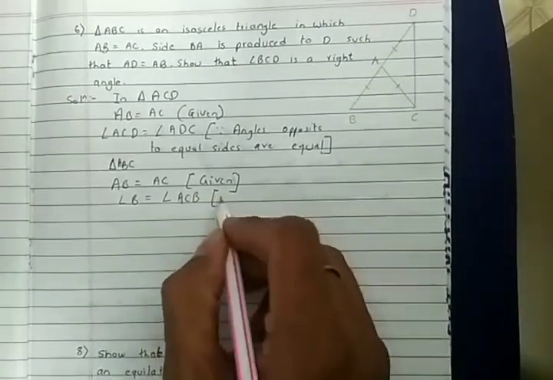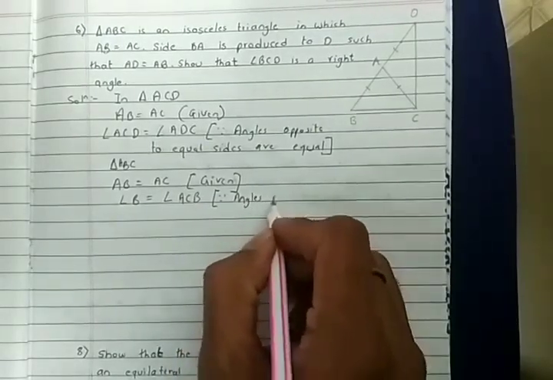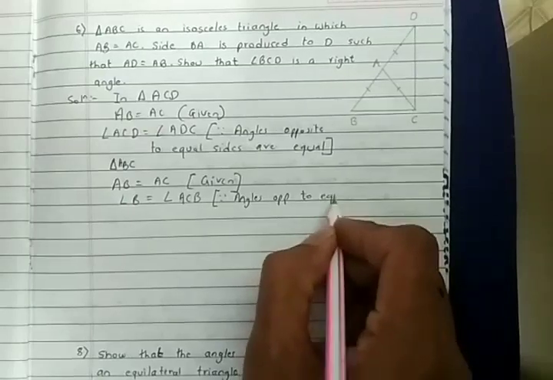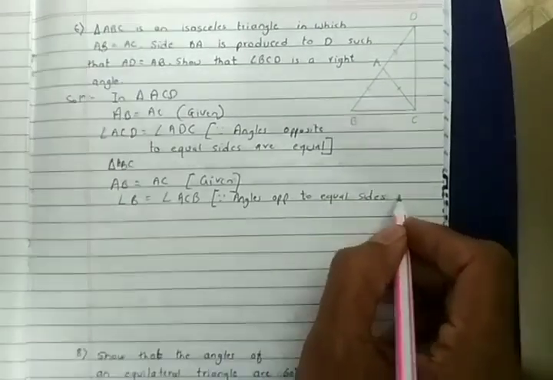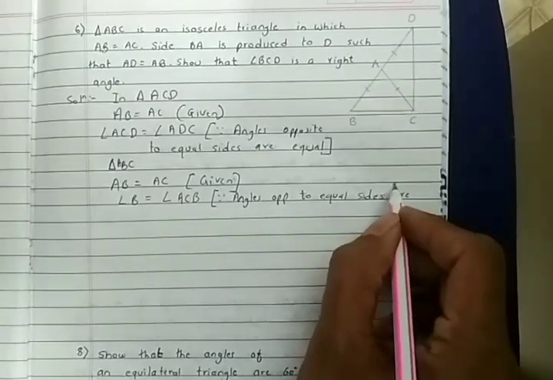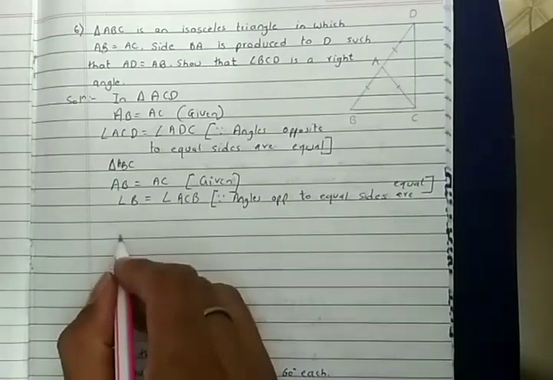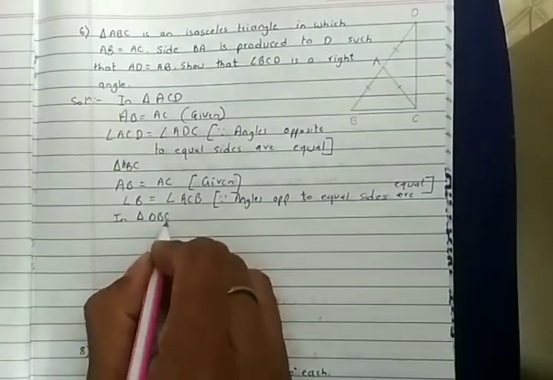How can we say that? Because angles opposite to equal sides are equal, right?